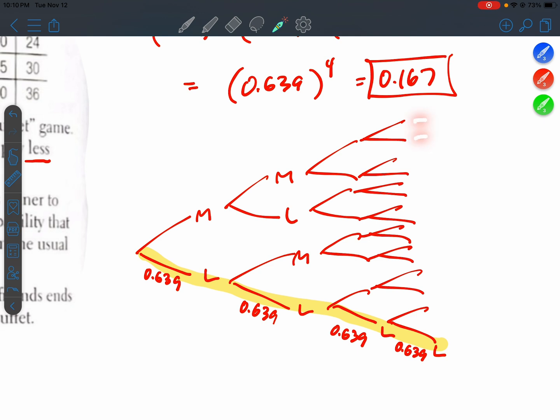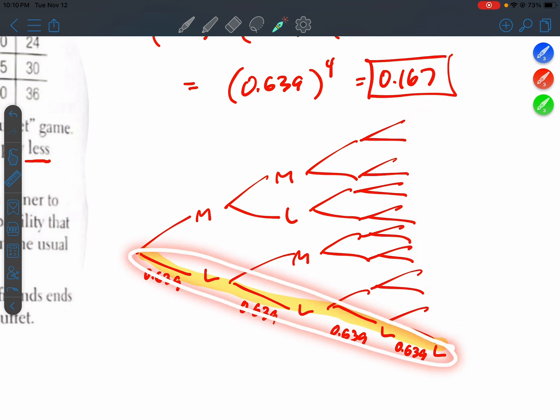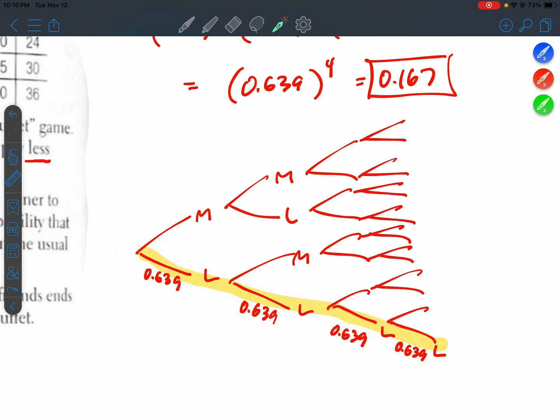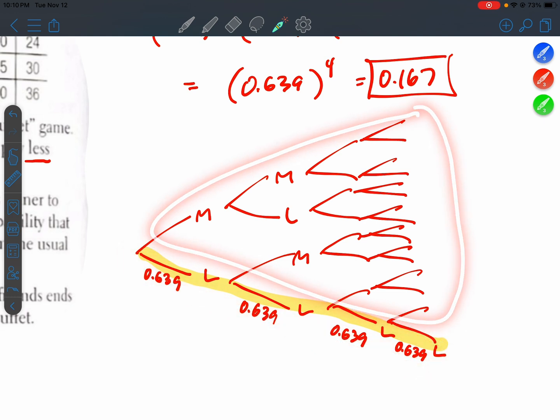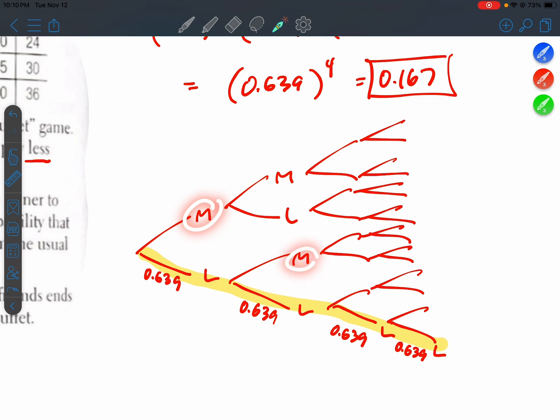So there are 1, 2, 3, 4, 5, 6, 7, 8, 9, 10, 11, 12, 13, 14, 15, 16 possible outcomes. We know that there's only one outcome where all the friends pay less. Okay, and all of these other outcomes, the other 15 outcomes, have at least one person who's paying more.